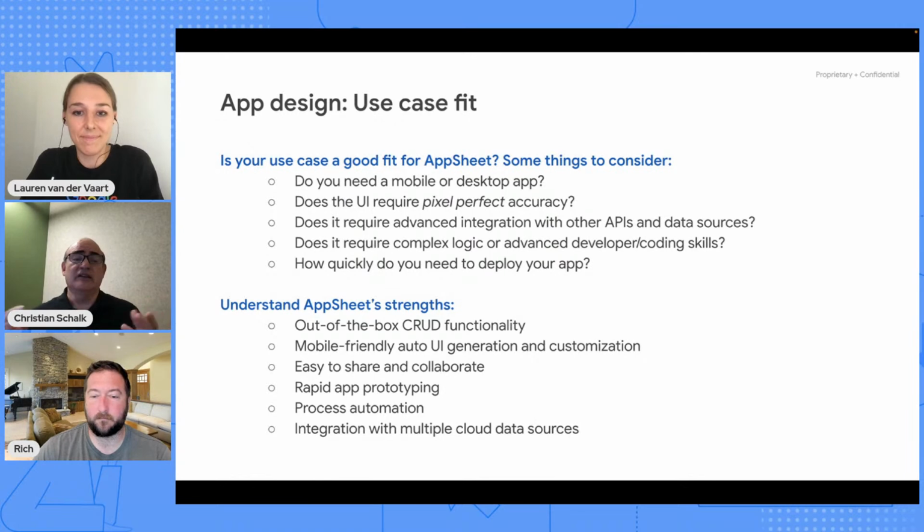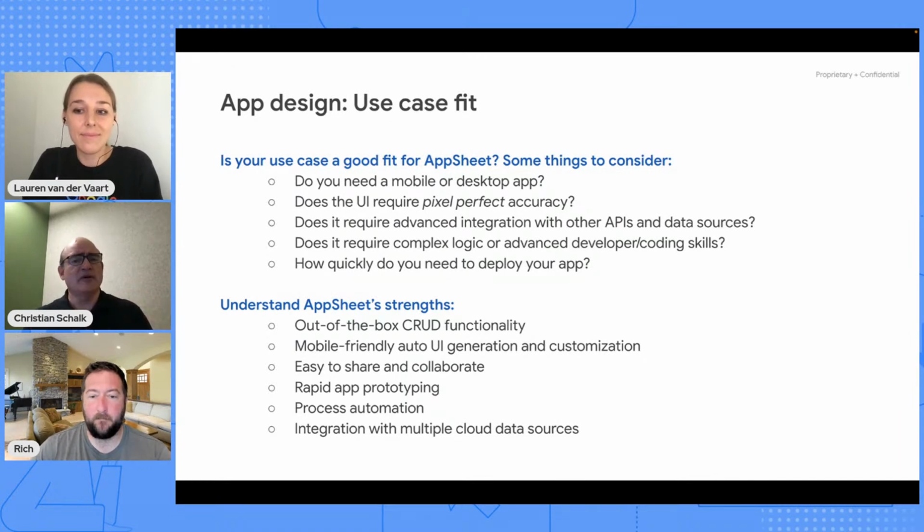So there are definitely some things to consider. First off, do you need a mobile UI, or do you need a more traditional desktop UI? That's a pretty fundamental question that you want to ask. Fortunately, AppSheet provides capabilities for both. Another very important question right away is, do you need a pixel-perfect type of UI?